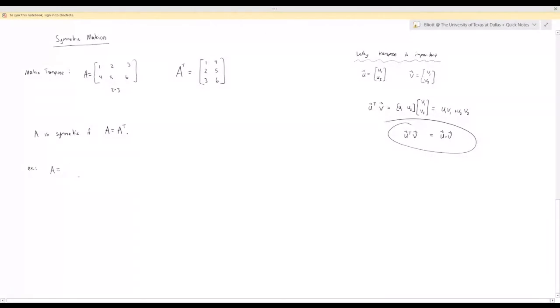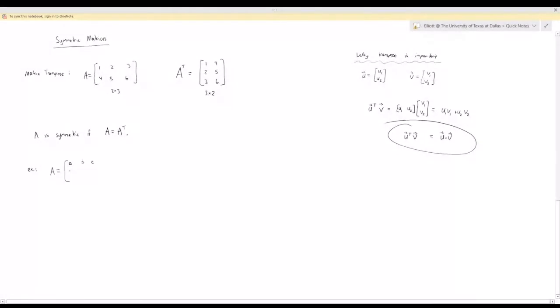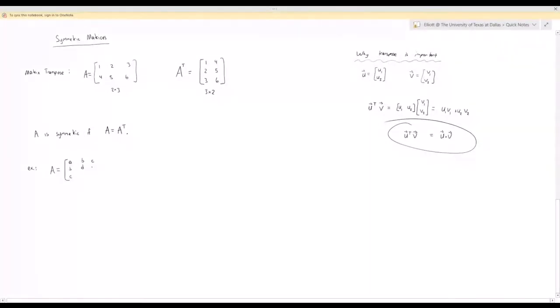To be symmetric, it has to be square to start with, because if it's not square, there's no way the transpose will equal the original, because the sizes won't match. Here's what a 3x3 symmetric matrix looks like. Essentially, for a matrix to be symmetric, it has to be symmetric across the diagonal, okay?